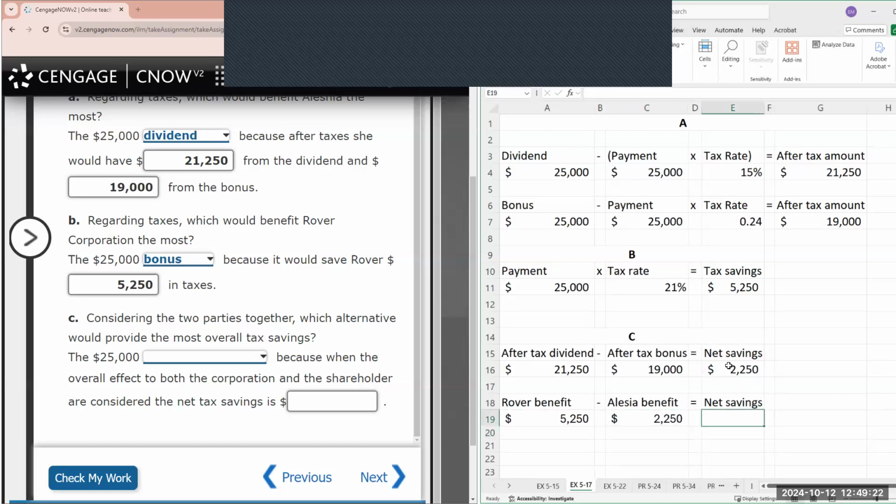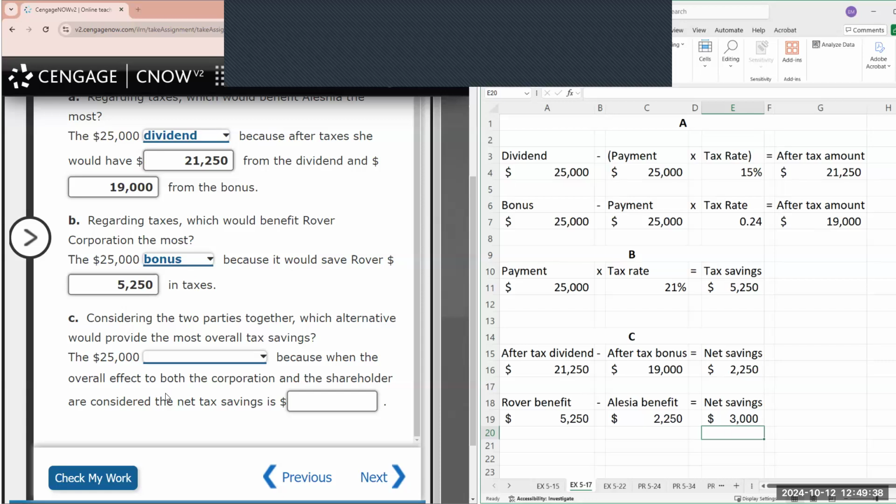So the net savings would be Rover's tax savings benefit of $5,250 minus Alicia's benefit of $2,250, which is $3,000.